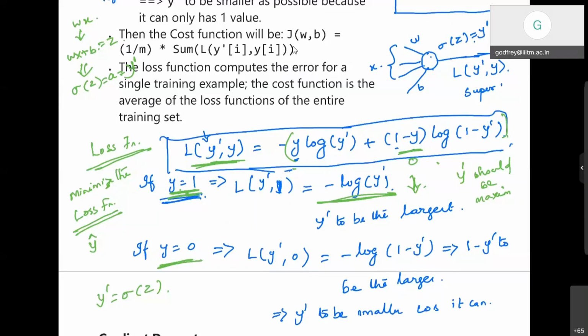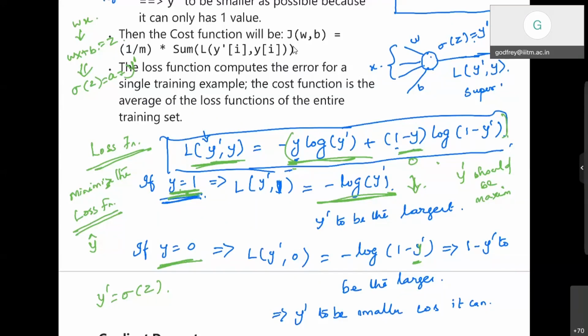This becomes 0, and now this becomes minus log 1 minus y dash. Now what should be the value of y dash? If y dash is maximum, then what will happen?